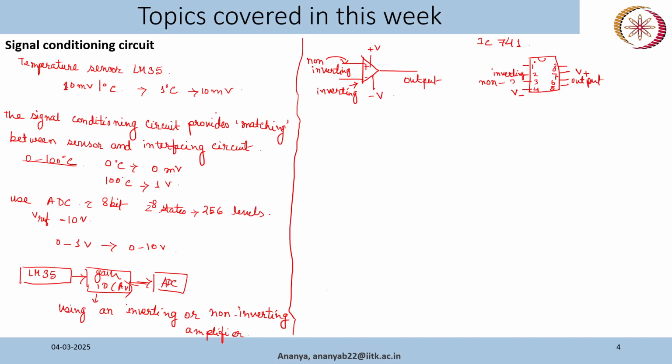Now we can use this IC to get a gain either in inverting configuration or in non-inverting configuration. So let's see first the inverting amplifier. This is just to brush up your knowledge. You have already studied these things. The circuit diagram will be like this.